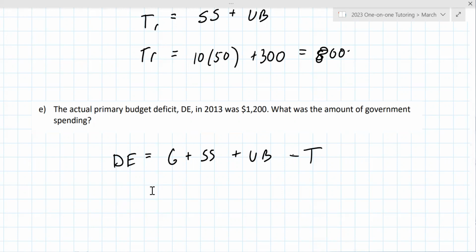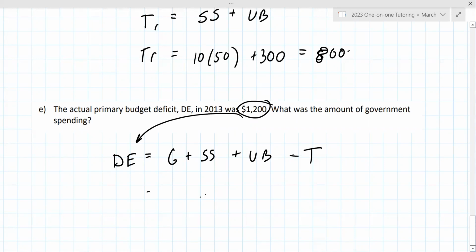Okay, so the next thing, they tell you the value of DE. G is what we're trying to find. That's the variable of interest. This SS we're reusing from a previous problem, but if you want to, it's N times P, the payment.